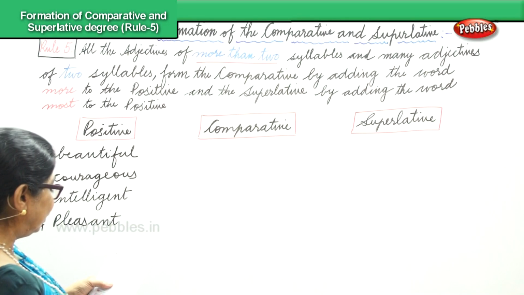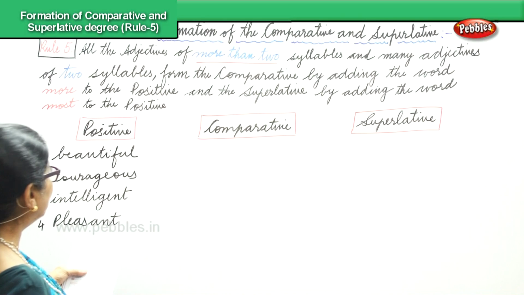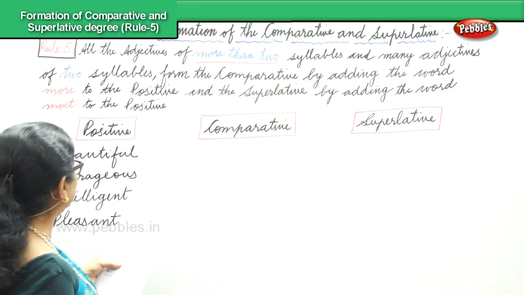How do you form the comparative? By adding more to the positives.